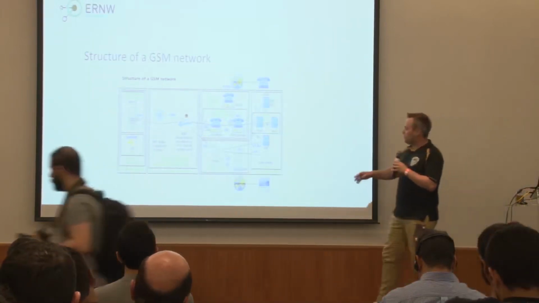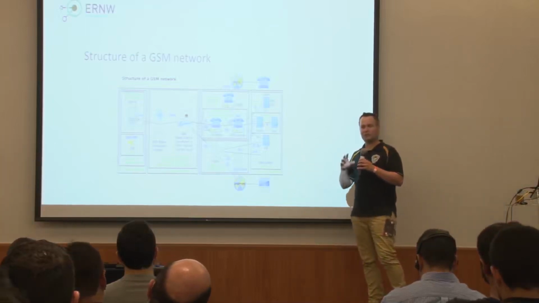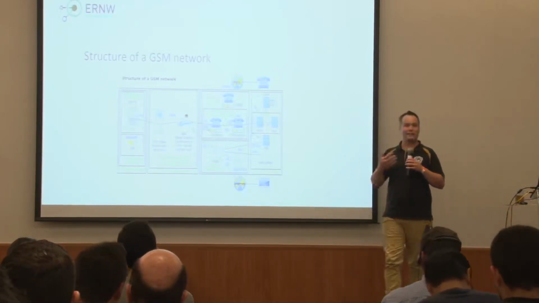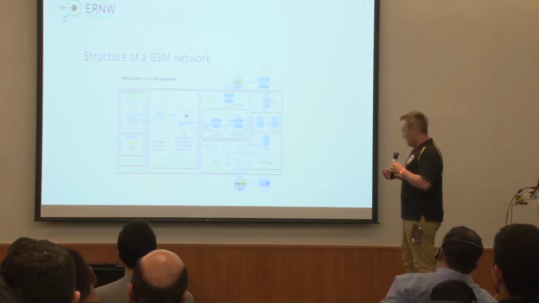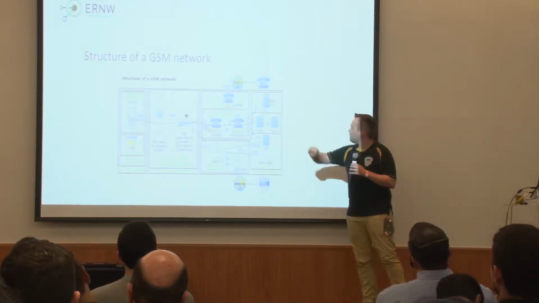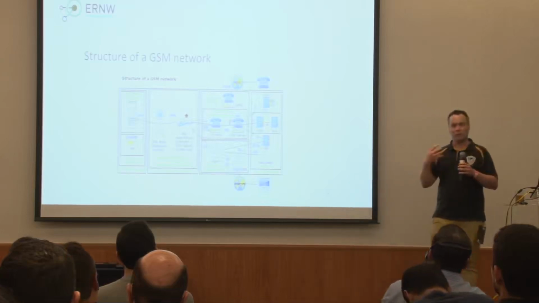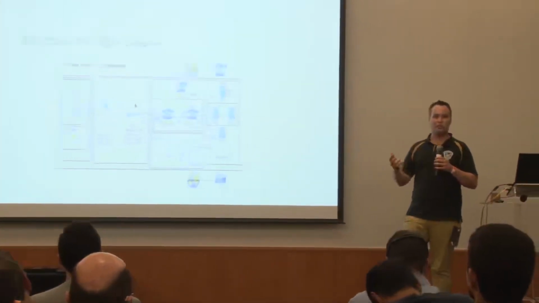One part usually is for packet data, so internet data via phone. This is usually completely separated from the voice data because it just came later, in a later development of the standards. And we have here the MSC servers. The MSC server, that's the management entity, the management server, which is looking up all your calls and which is responsible for the routing of calls and messages.